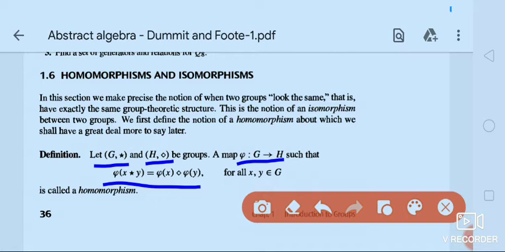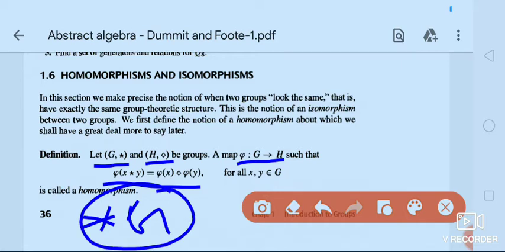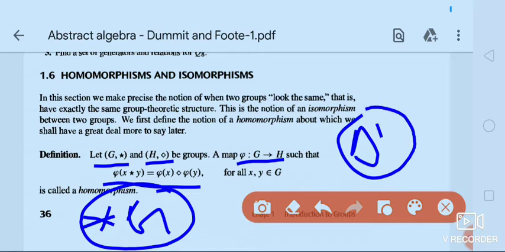Here star is the binary operation in G, and this diamond shape is the binary operation in H. So for all x, y belonging to G, any function satisfying this condition is a homomorphism.